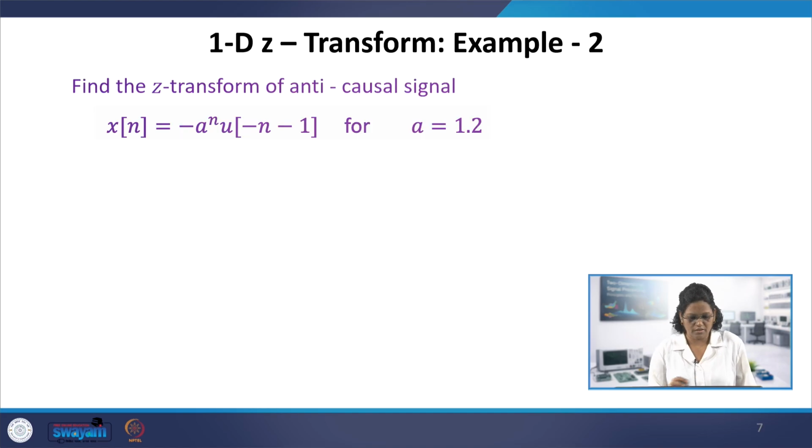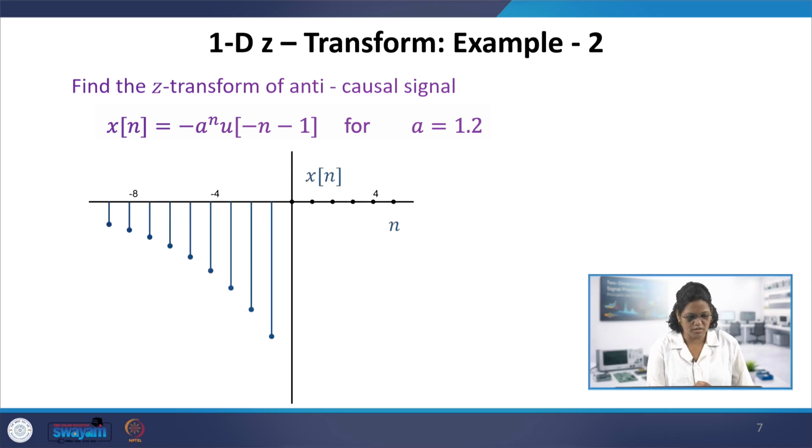Now let's take an example of an anticausal signal, that is, a signal which exists on the left side of the n axis. If you plot the sequence, x of n is minus a power n times u of minus n minus 1, where a is again less than 1. Because there is a negative sign here, this would be an exponentially decaying sequence in the negative direction, where n is negative, multiplied with u of minus n minus 1.